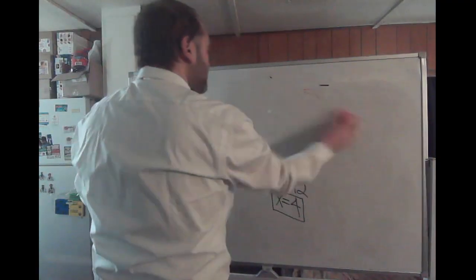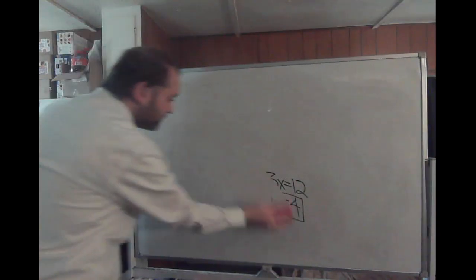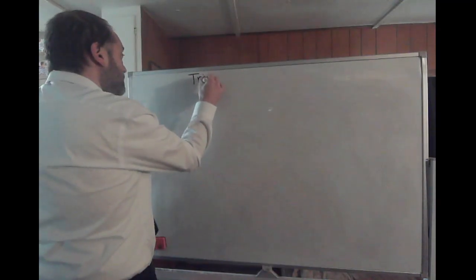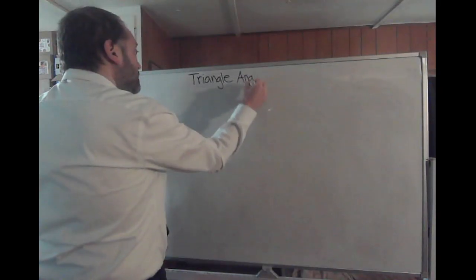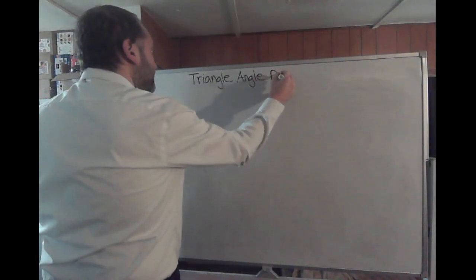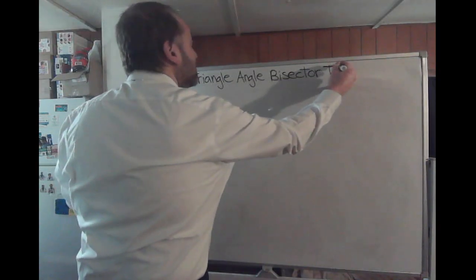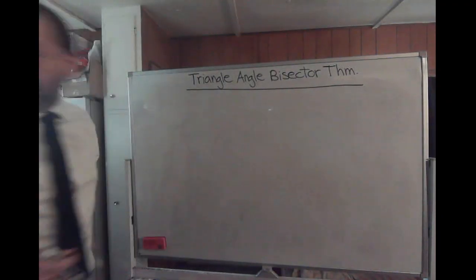Now, the theorem we're about to do is not super hard, but it's harder than what we've talked about today. This one is going to be called the Triangle Angle Bisector Theorem. It's a big one. All right, let's see what that states.